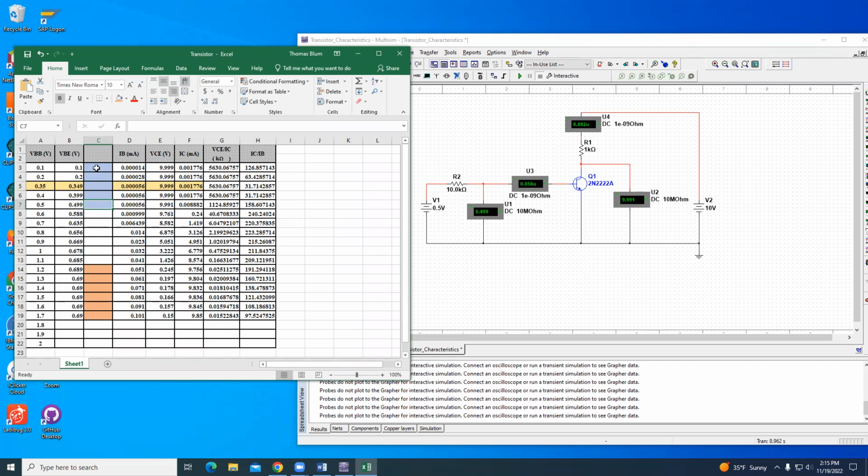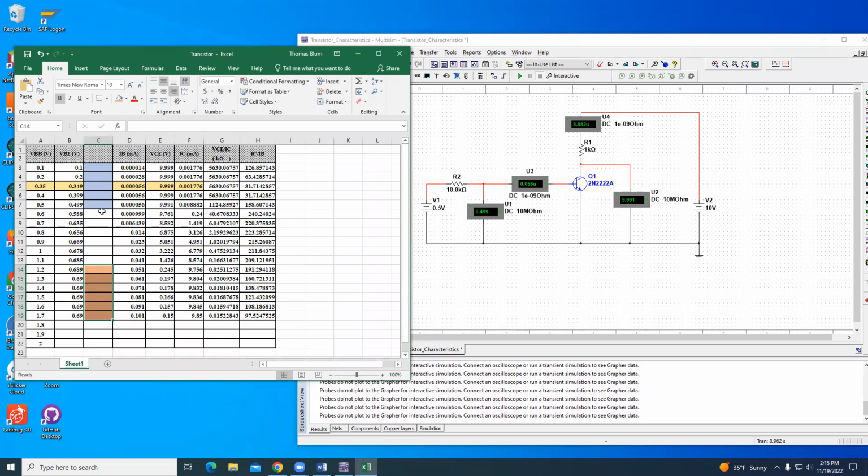So we have an off region, an intermediate transitional region, and an on region. I'm saying this is on because it's like flipping a switch. We have a low resistance here, very easy to flow, and a very high resistance here, difficult to flow. So I'm calling this the off, this the on, and this the transition.